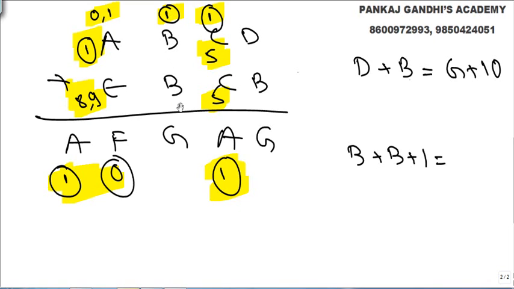Look here: B plus 1 is either G, or B plus 1 is G plus 10. Either their sum will be more than 10 or less than 10. If less than 10, just G; if more than 10, G plus 10.